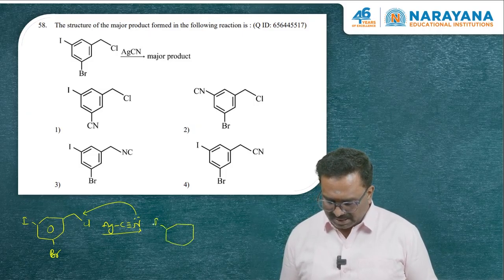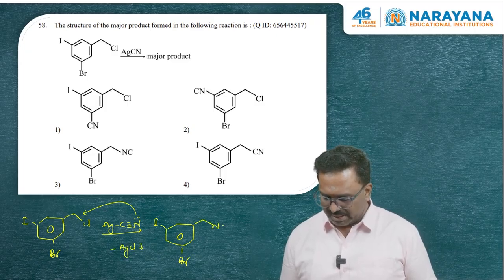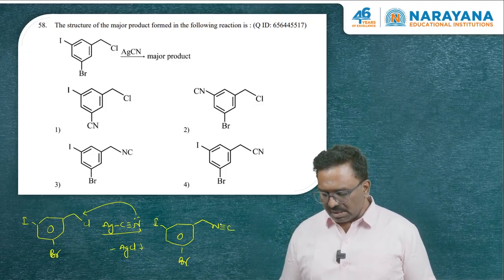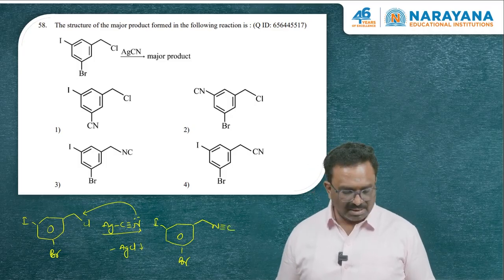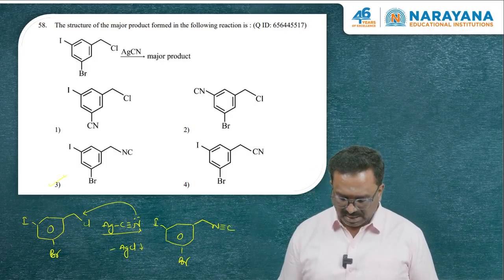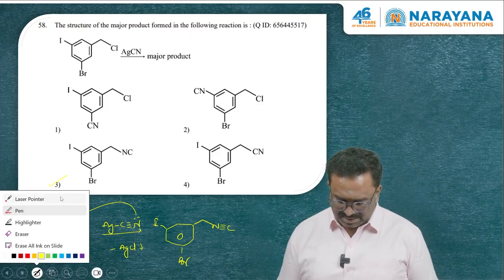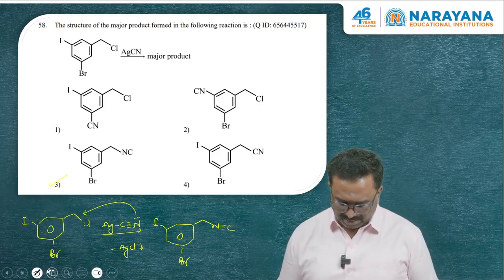When nitrogen is involved here, the alkyl group is substituted with the loss of AgCl precipitate. This is the product obtained. So what is the correct one? Here 3 is the most appropriate among the given.